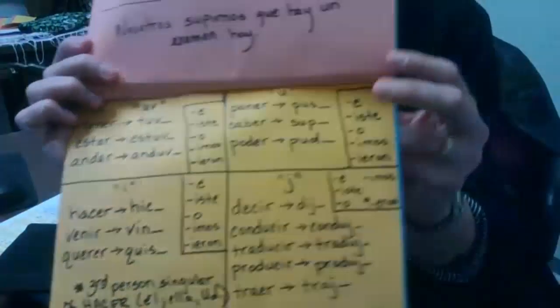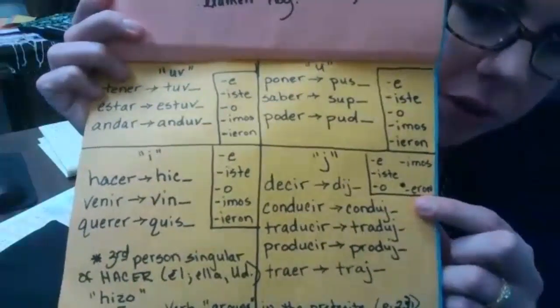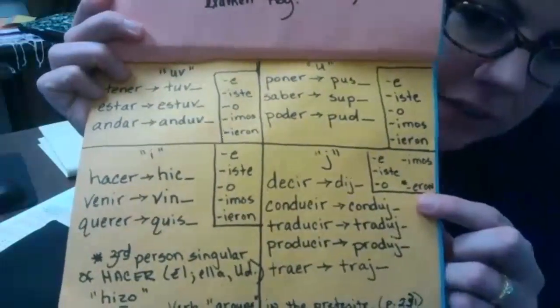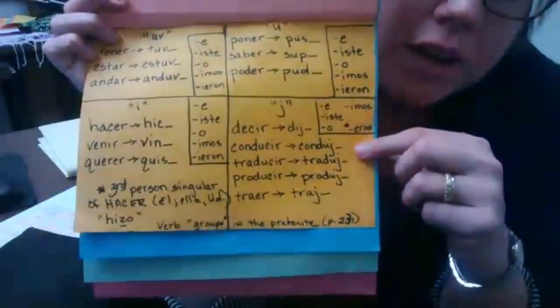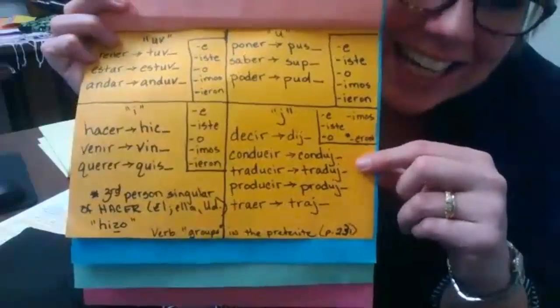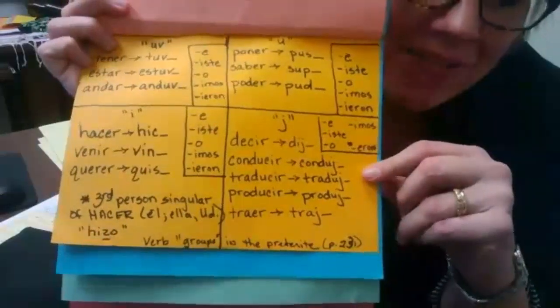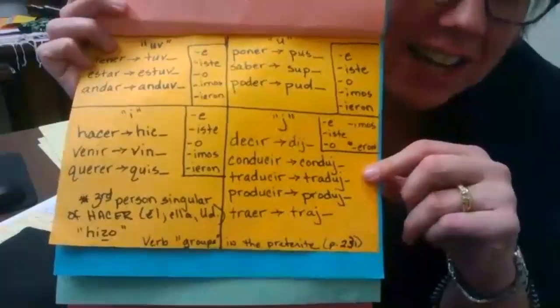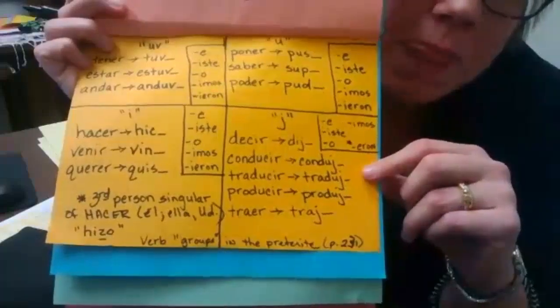There's no I. There's no I right there in that third person plural. See it? Where my asterisk is? It's just E-R-O-N. Where every other group has had I-E-R-O-N. The J group doesn't have an I. It ends in E-R-O-N. Okay?